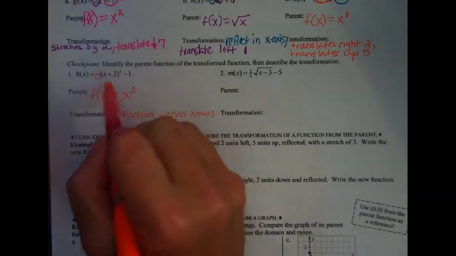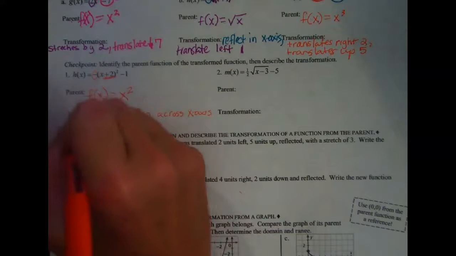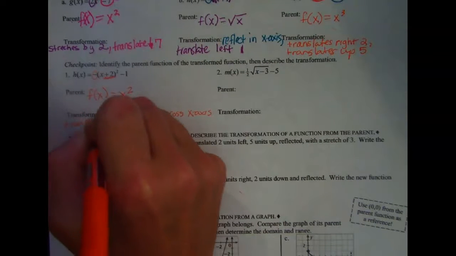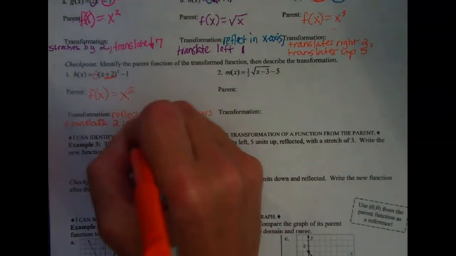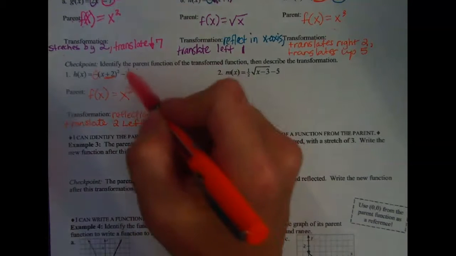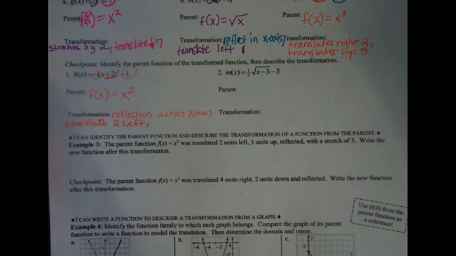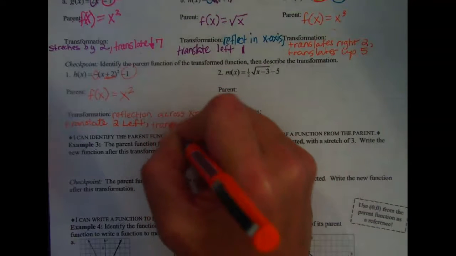And then we have a plus 2 in parentheses. Remember, in parentheses, plus 2 means we translate to left, or left 2. And then the last part, we have a -1 all by itself over there. So that means we translate.